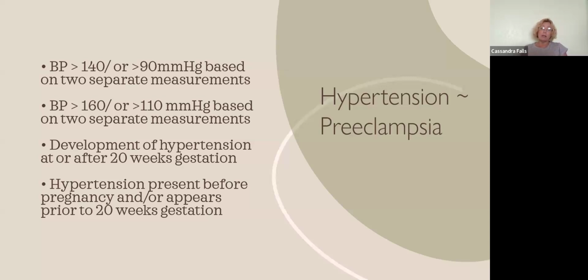To be diagnosed with hypertension, it has to be 140 over 90 on two separate readings, and those have to be at least 4 hours apart.